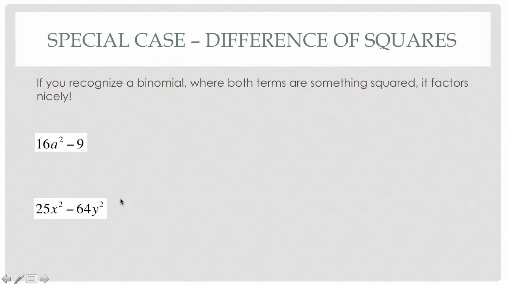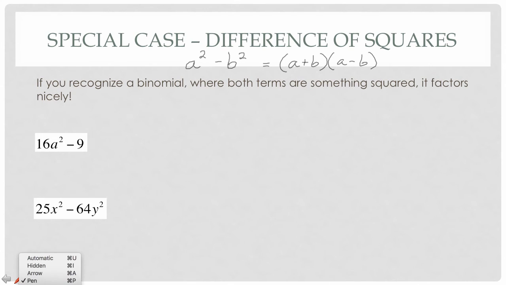All right, so let's summarize that up. If you can tell that you have a squared minus b squared, if you can see that pattern going on in a binomial, it will always factor into a plus b times a minus b.